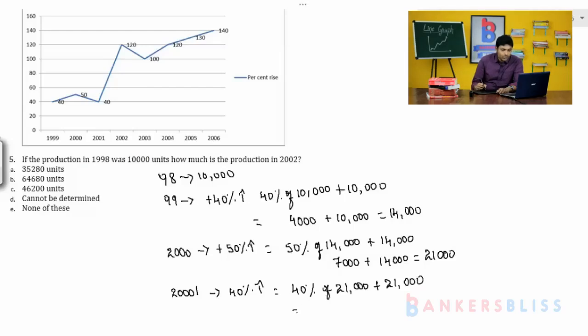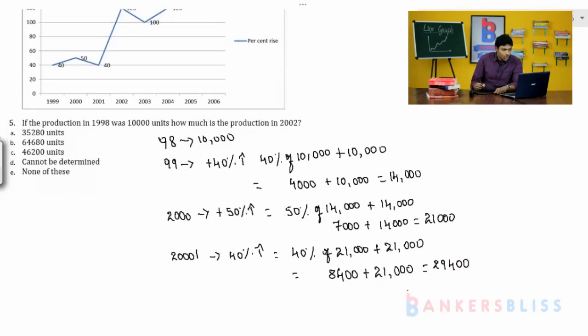So 40% of 21,000, how you solve? 10% into 4. 10% means 2,100, 4% means 8,400, 40% means 8,400 plus 21,000, which is equal to 29,400. Next, 2002.